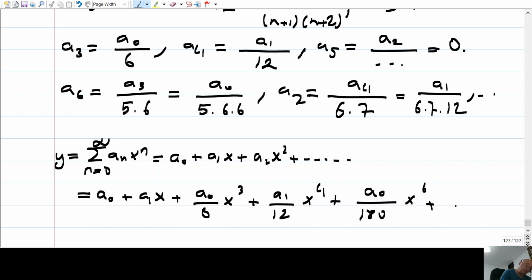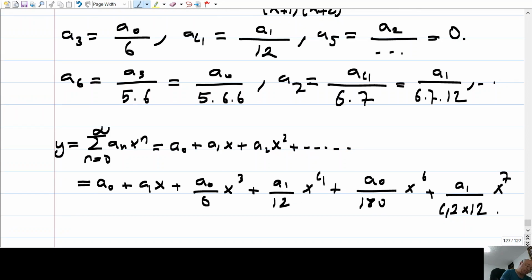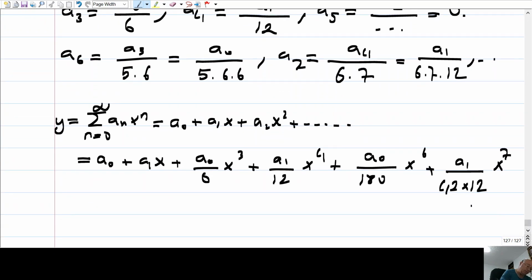And then a1 over 42 times 12 x to the power 7, and so on.